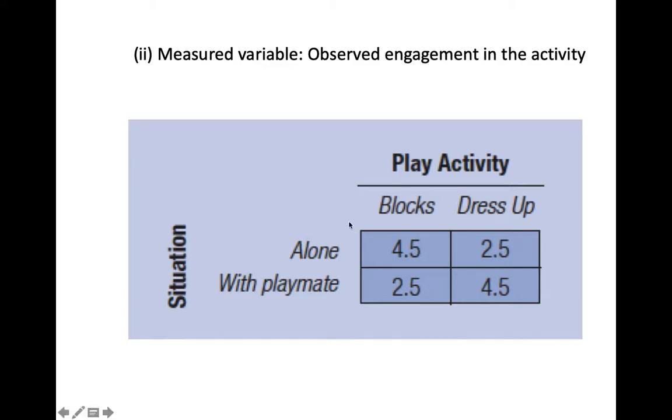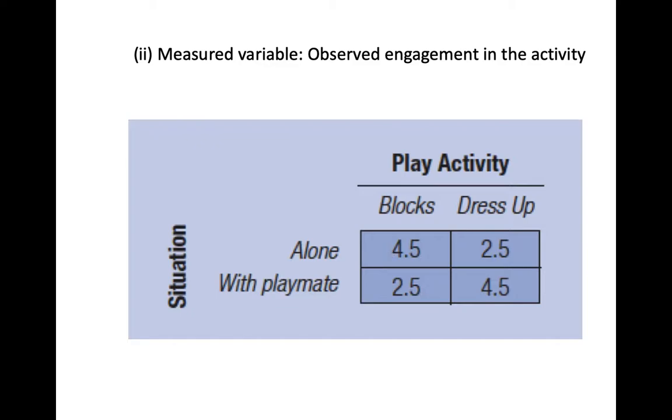And so you've got multiple children that go into this mean, right? There are multiple observations that produce this mean. So not every single child is going to show this level of engagement, but what we're showing here in the table is the average level of engagement.